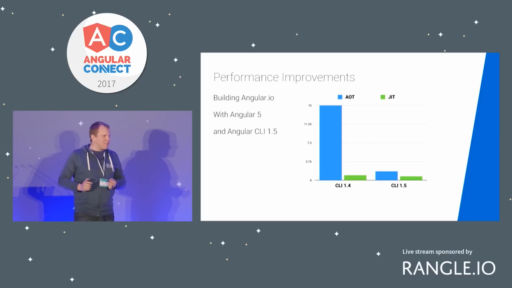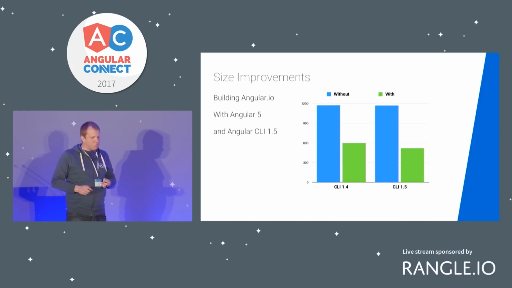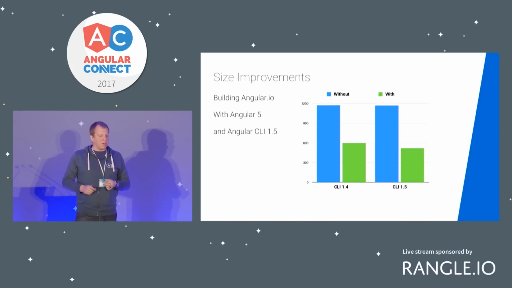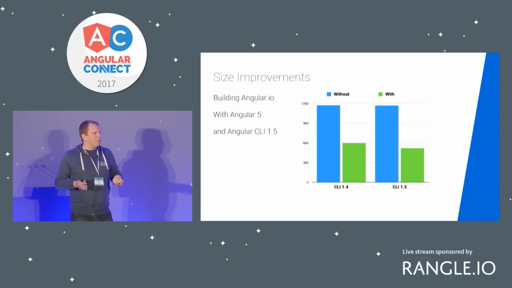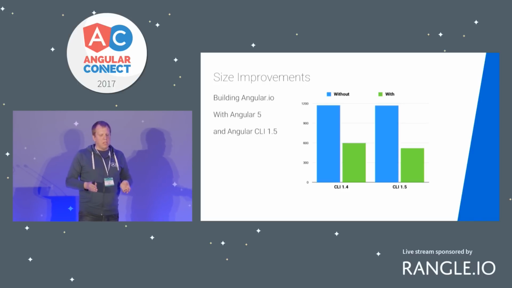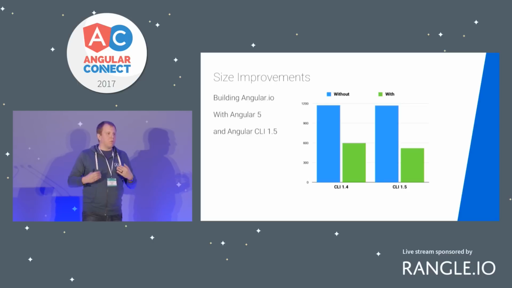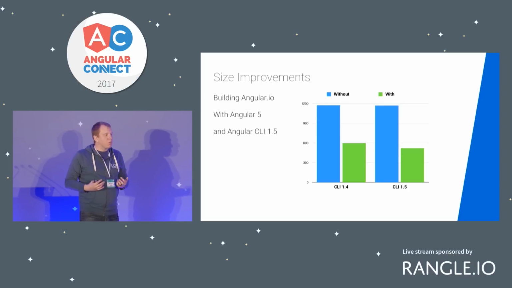We also improved on size using the build optimizer for Angular IO. In 1.2, we did not even have the build optimizer. We introduced it in 1.3, and the numbers in 1.4 were incredible already. We reduced about 45% of your app. Then in 1.5, we went even further and removed even more code.